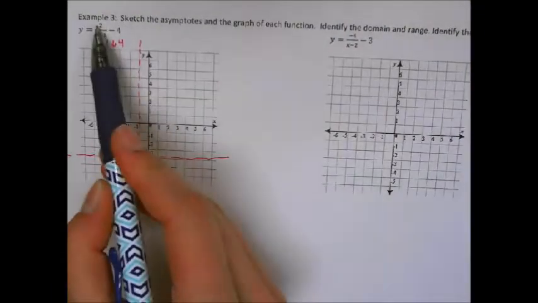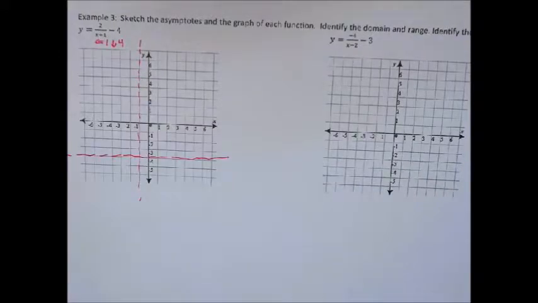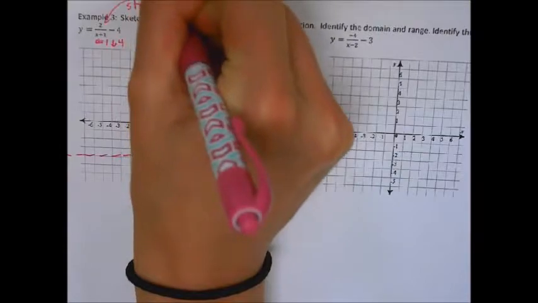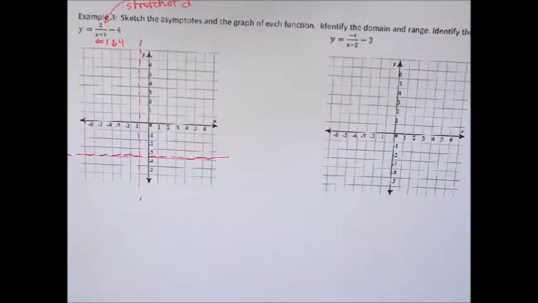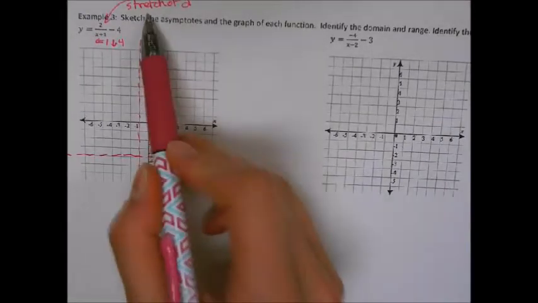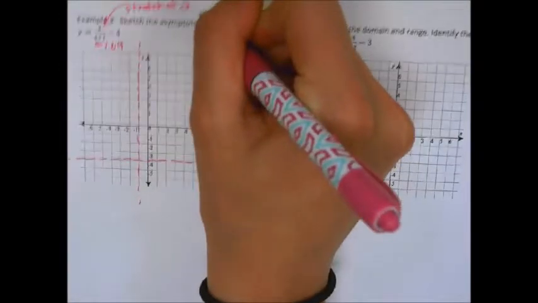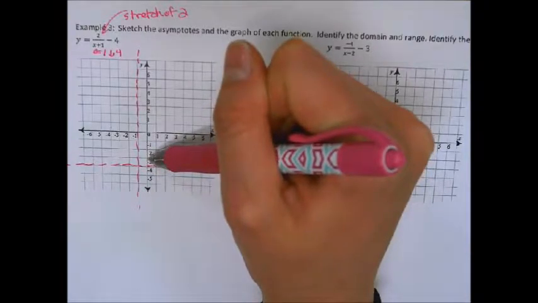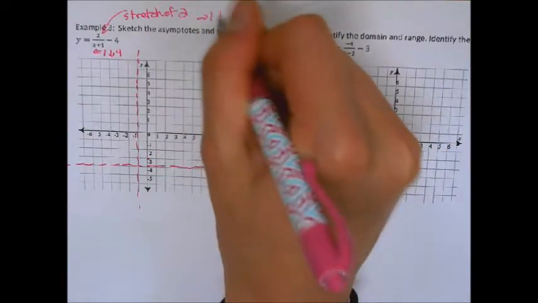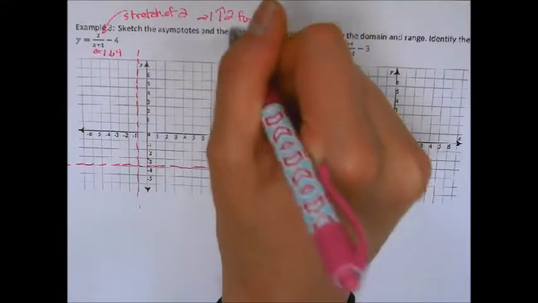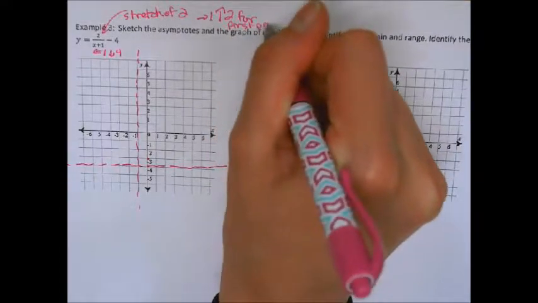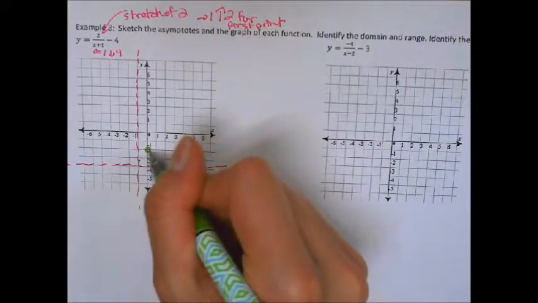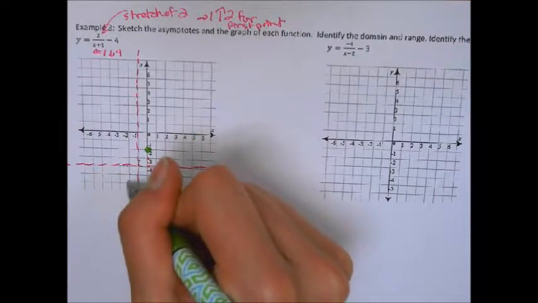And this time we're positive, but we have a stretch of 2. So the stretch of 2 means instead of our lattice point going over 1, up 1, we're going to go over 1, up 2 for the first point. So I'm going to go over 1, up 2, over 1, down 2.